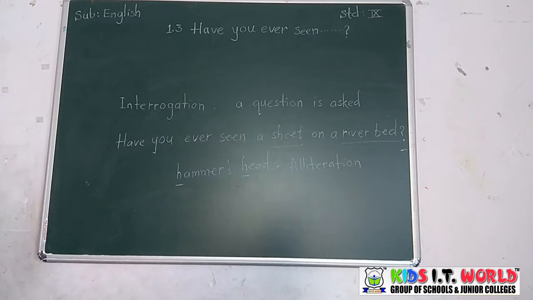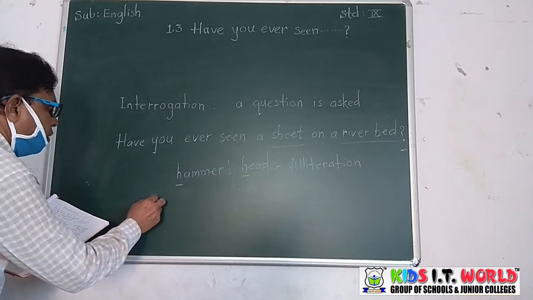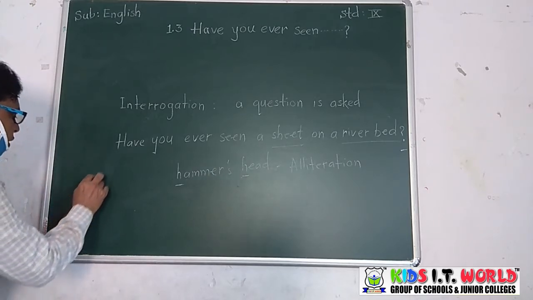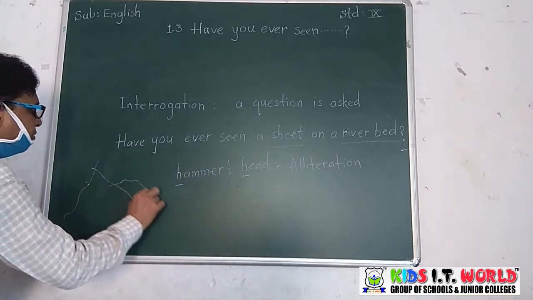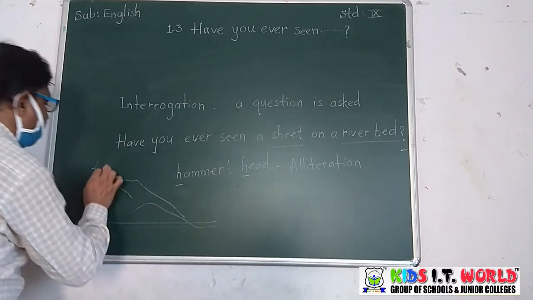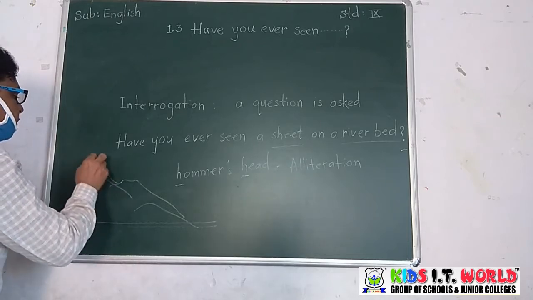Now the third one: has the foot of a mountain in its toes? Foot of a mountain. You know, when we talk about a mountain, we talk about the top.